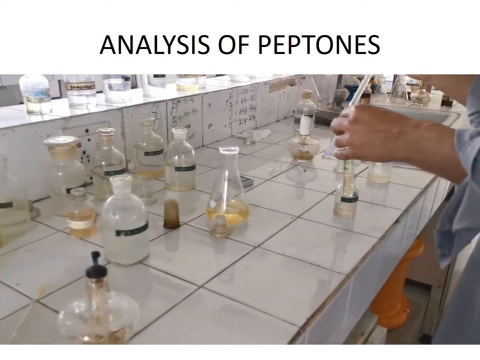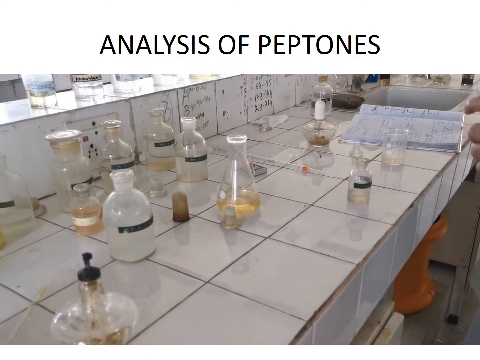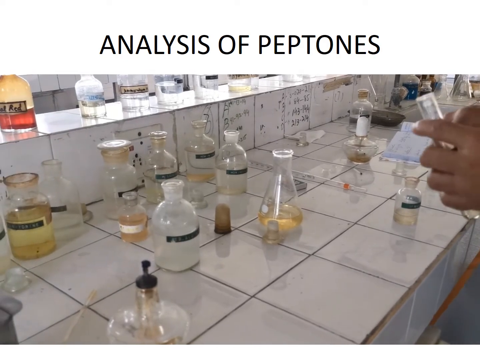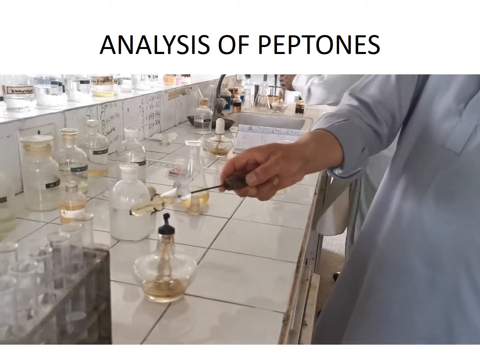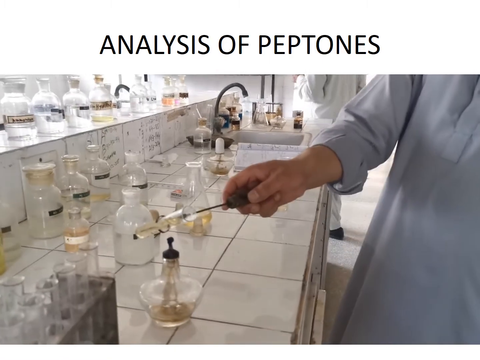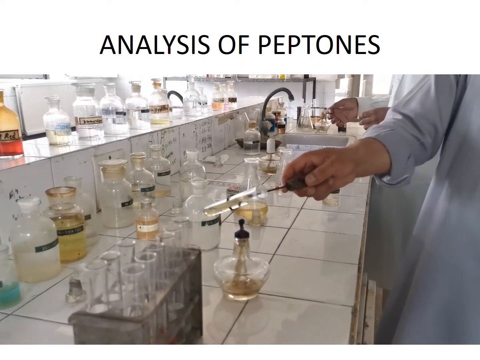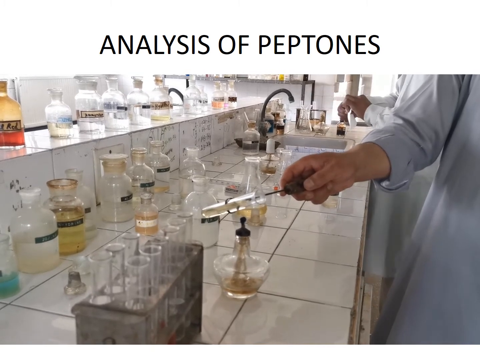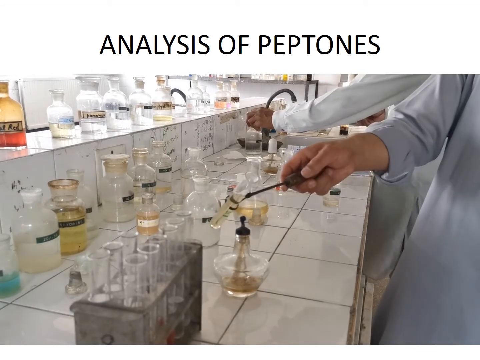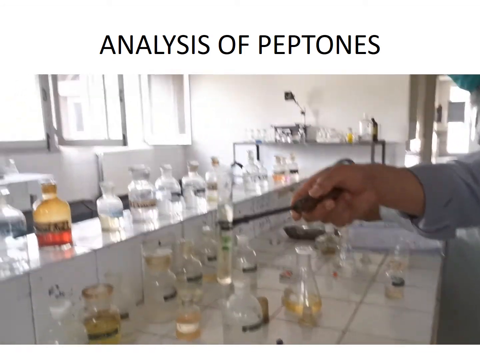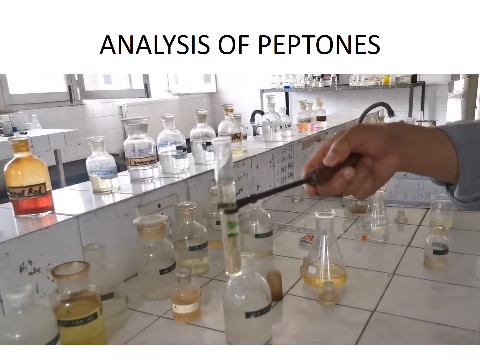Now we are going to heat the upper portion of the test tube so we can compare with the lower part. We'll see no coagulum is formed. This shows that albumin is not present.